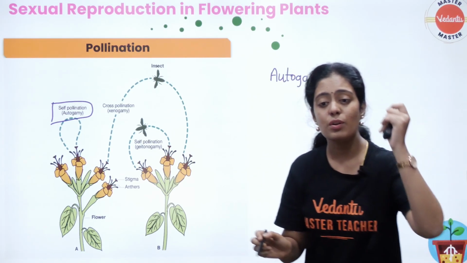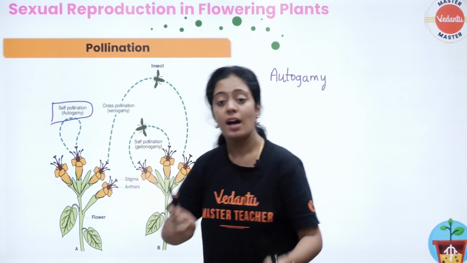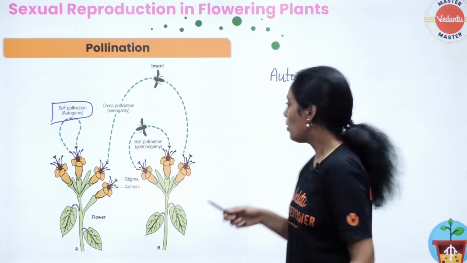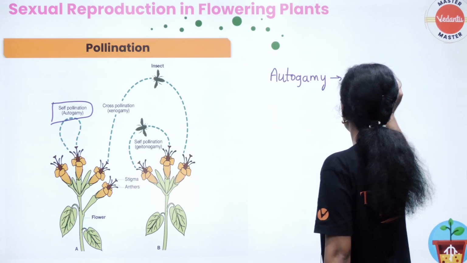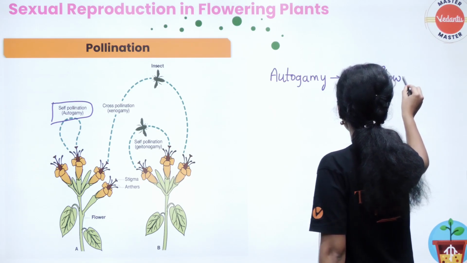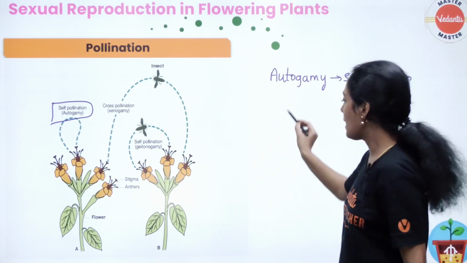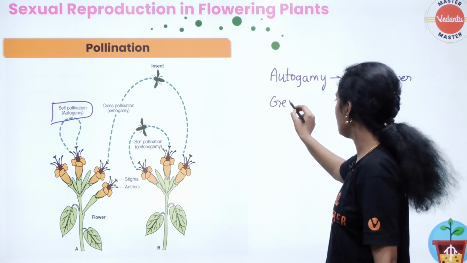It is a transfer of pollen from the anther to the stigma of the same flower, correct? Of the same flower, obviously it belongs to the same plant. That is what we call self pollination. Then you have geitonogamy, this is also a type of self pollination.